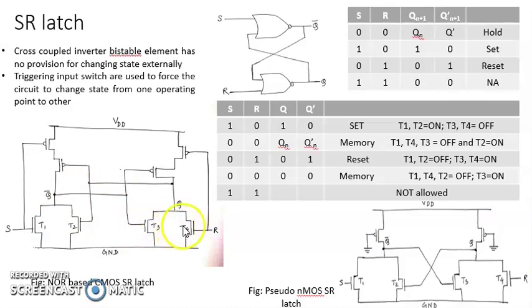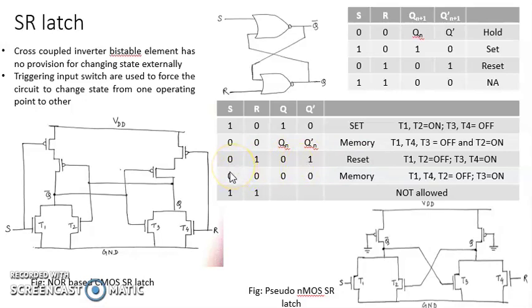Both the transistors are on, so the voltage of this node will drop down to 0. So Q becomes equal to 0 and Q bar becomes 1, and this condition we call reset. When S is equal to 0 and R is equal to 1, it resets the latch.